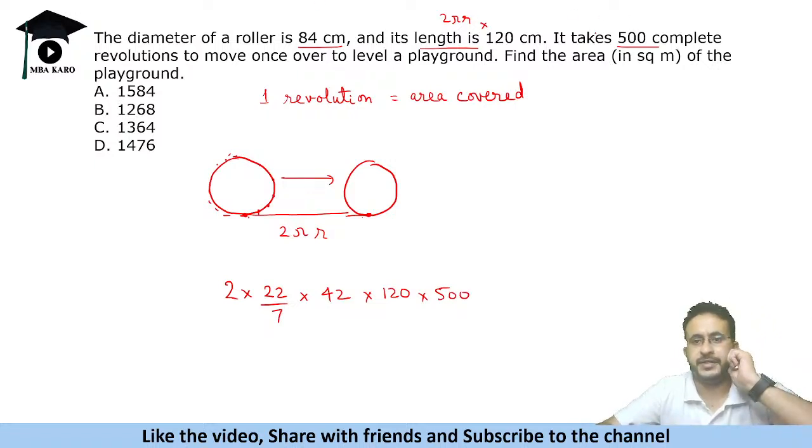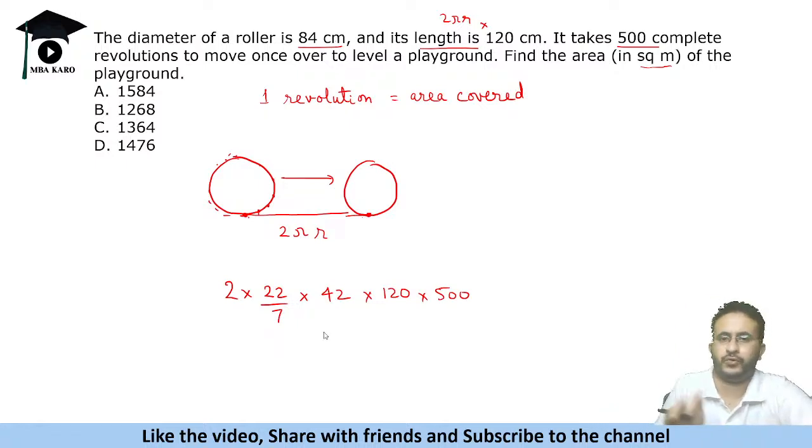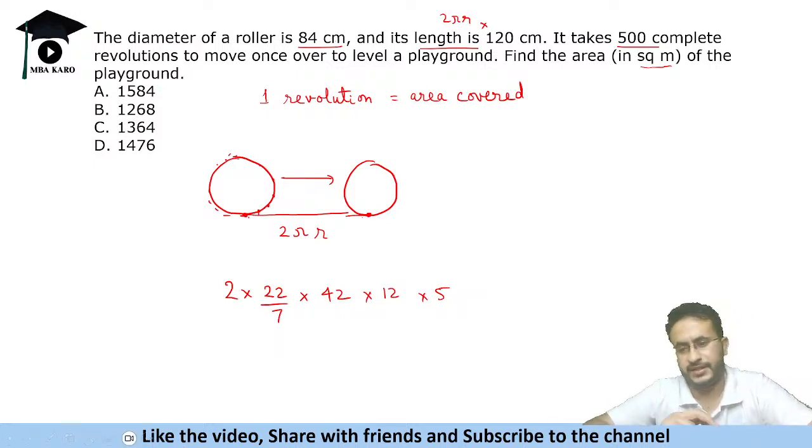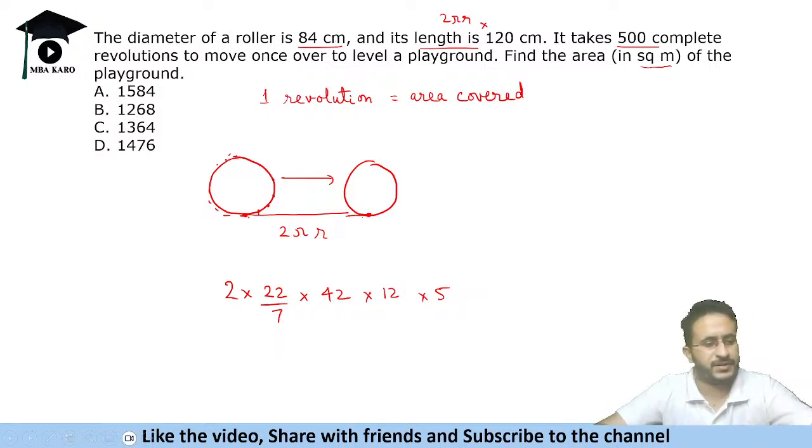Now these are all in centimeter, and we are asked in square meter. No need to worry about converting centimeter to meter. You can ignore these zeros, just do this calculation, and look at the digits that you get. That will be the answer.